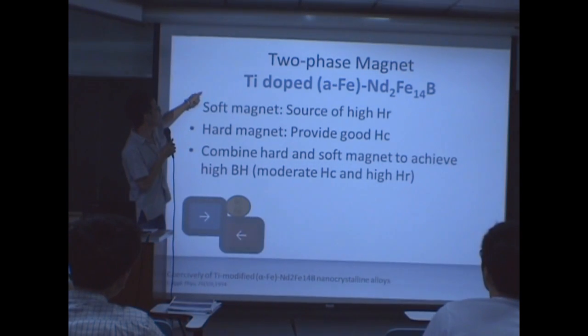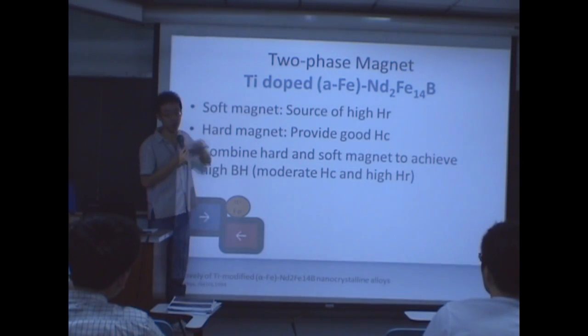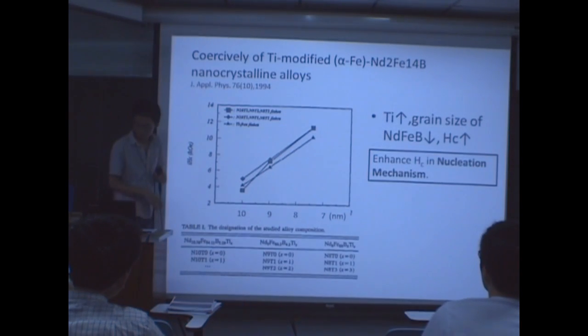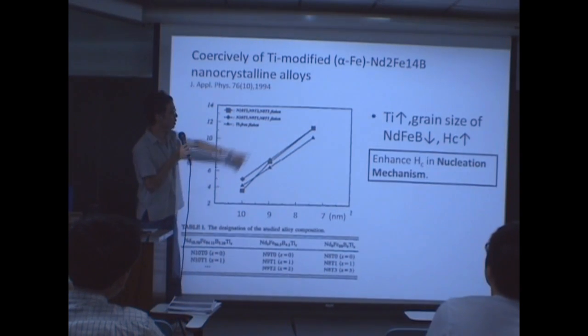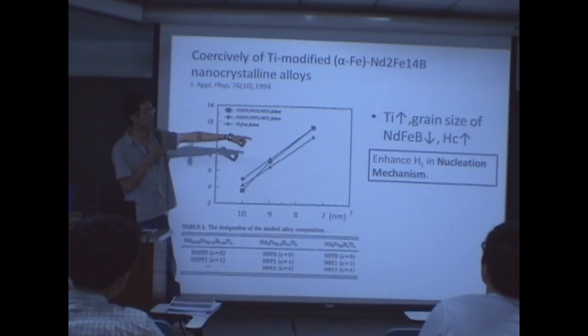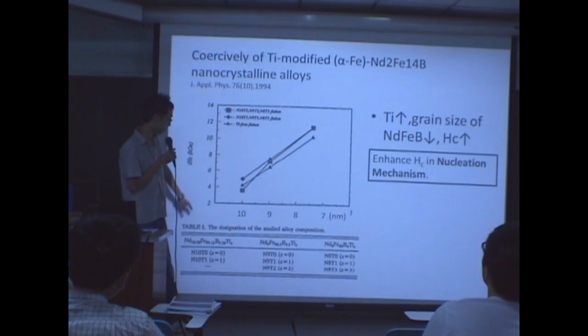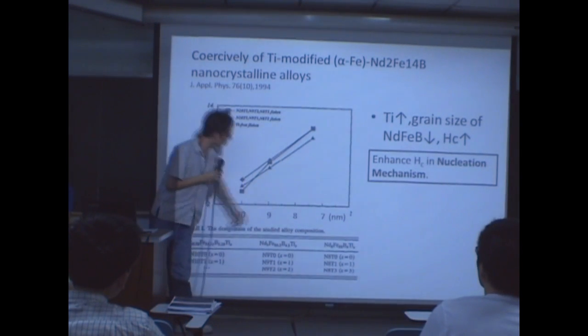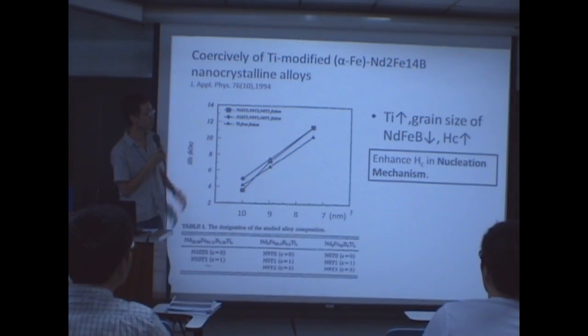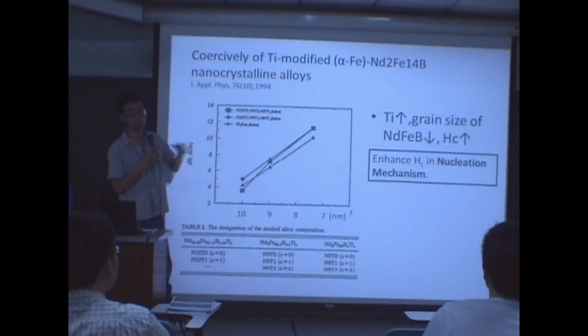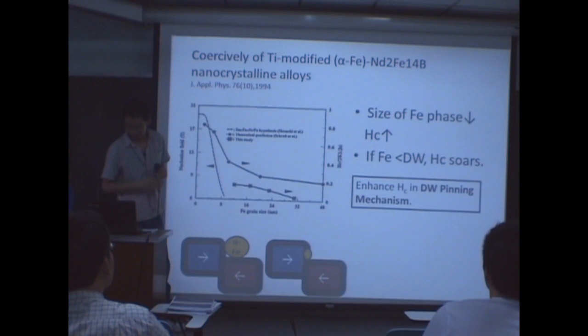And we also dope titanium to have higher performance. As you can see in this picture, with doping titanium, the grain size becomes much smaller. And with smaller grain size, we will have higher coercivity. That is one way to enhance your coercivity in the nucleation mechanism. And the other way is in this picture.